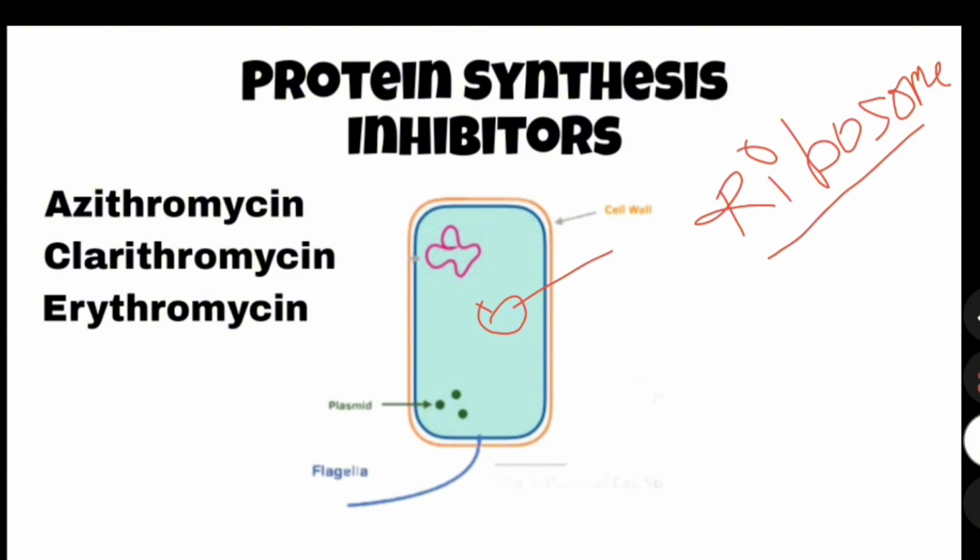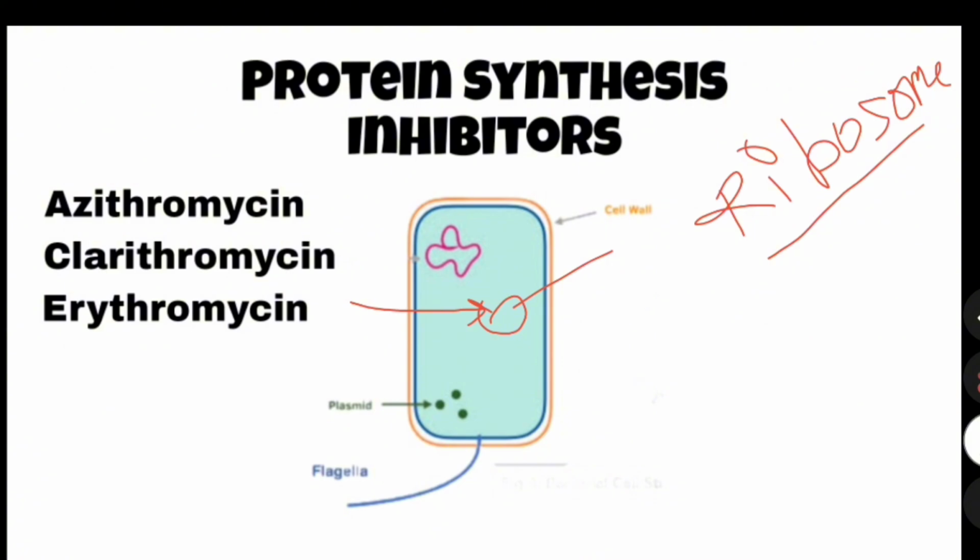So the antibiotics which act on these ribosomes, inhibit protein synthesis or block protein production, are called protein synthesis inhibitors. There are two groups of antibiotics which act like this and destroy the bacteria.